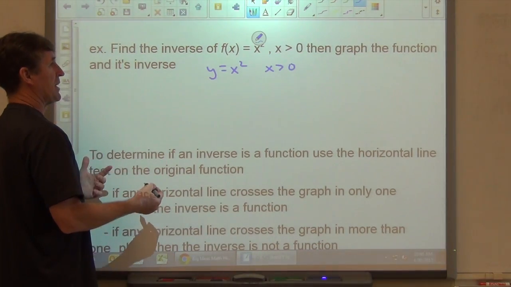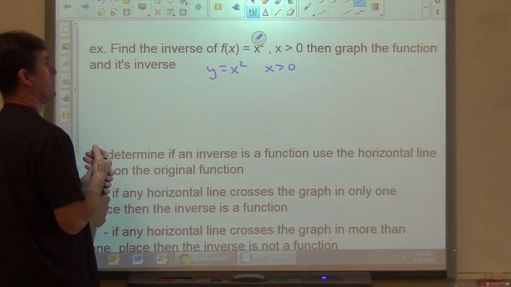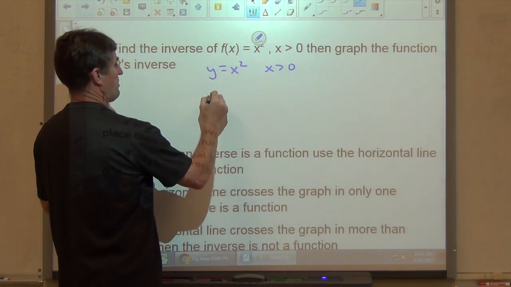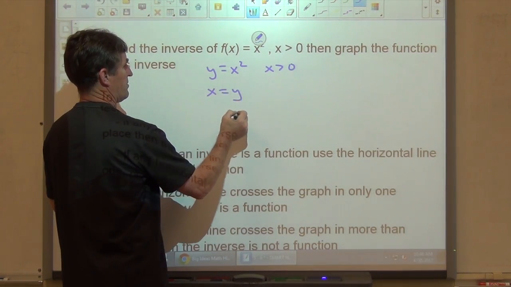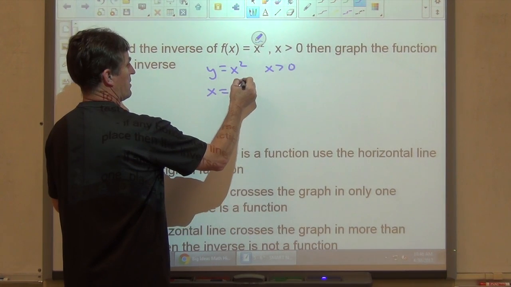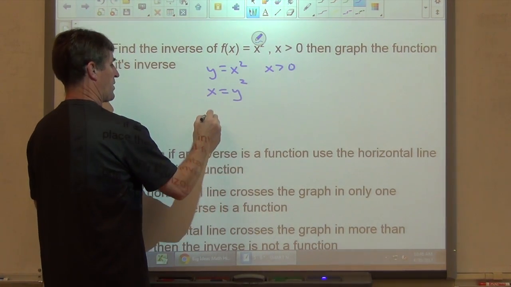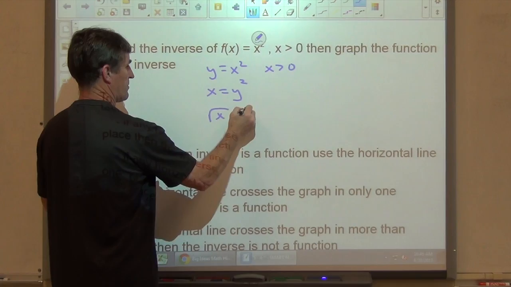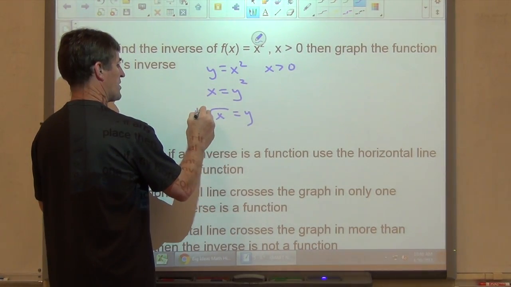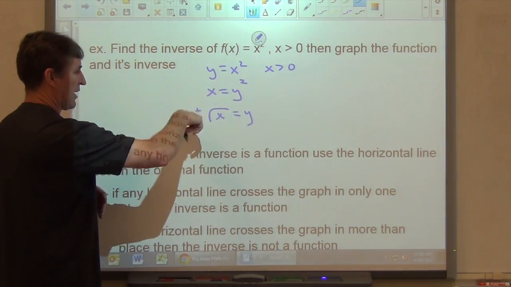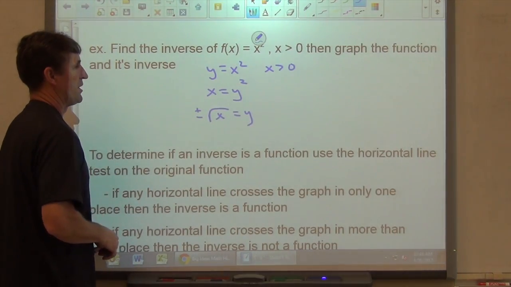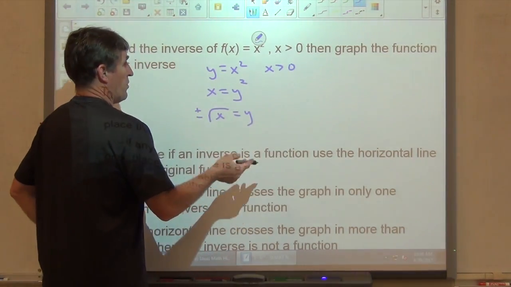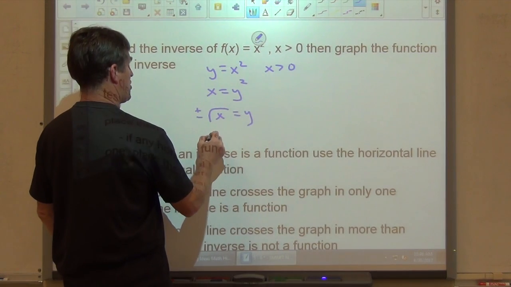We could plug in values, but we're going to go ahead and find the inverse, so I'm going to switch the x and y. And so you would take the square root. So it would be plus or minus, but remember, we're only doing it for x greater than 0, so we need to worry about that. But we found the inverse. This is our g of x.